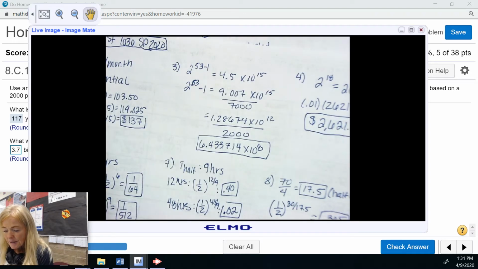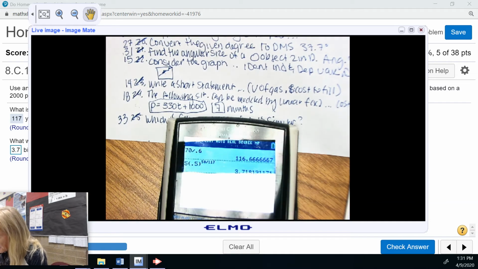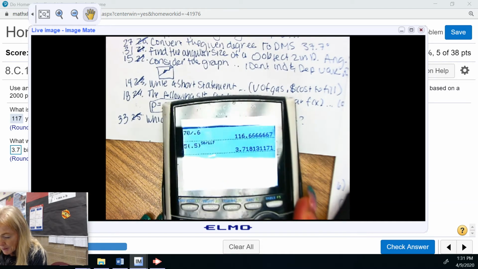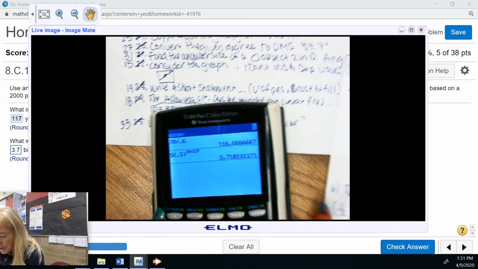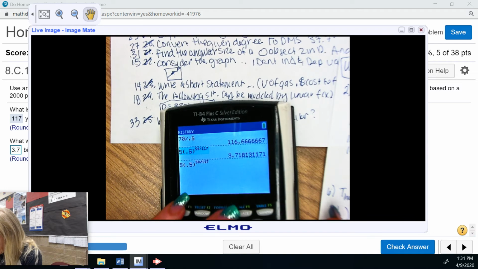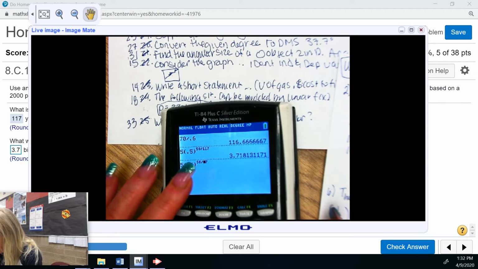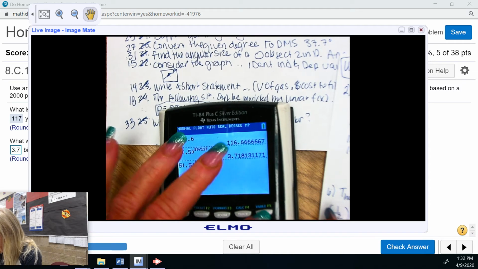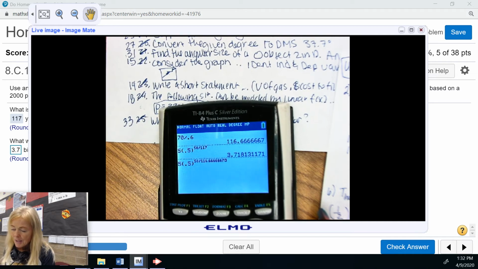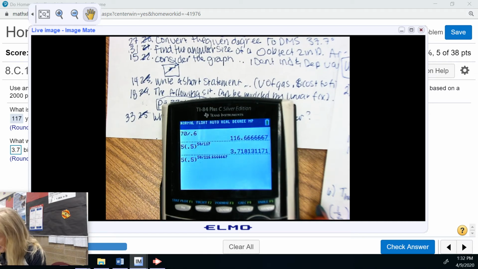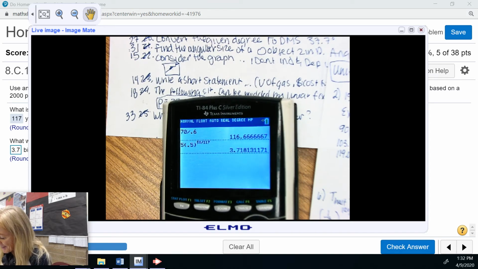So I rounded to 117 when I put it in my calculator. So I'm going to go up and delete that number and put in the more exact number.